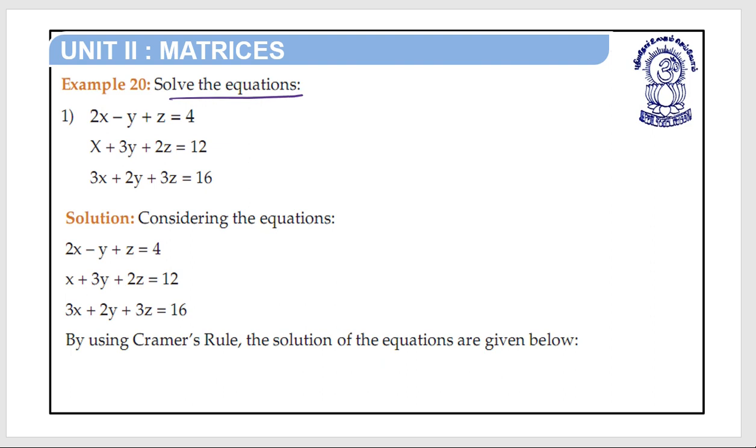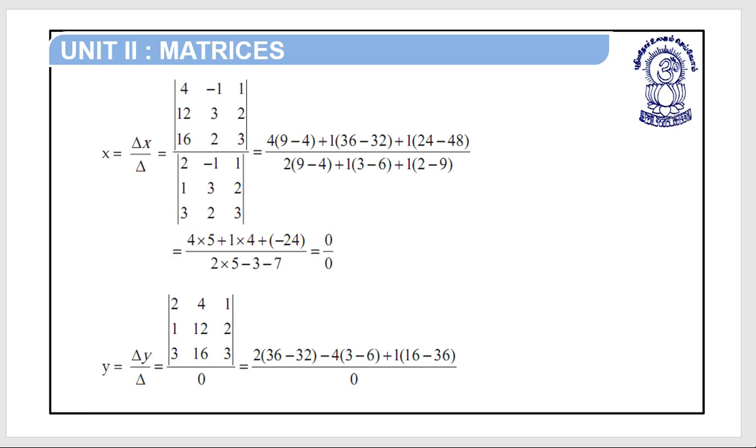Now solve the equations. 2x minus y plus z is equal to 4, x plus 3y plus 2z is equal to 12, 3x plus 2y plus 3z is equal to 16. Considering the equations, applying Cramer's rule, x is equal to delta x by delta.